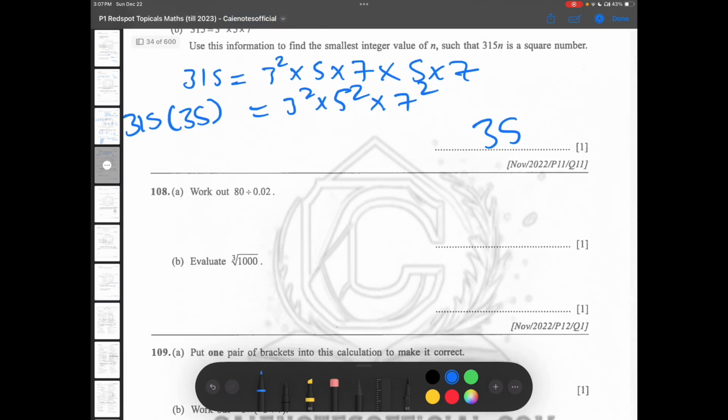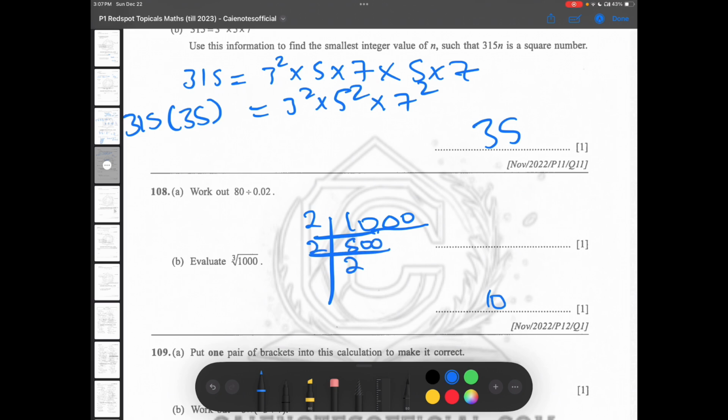We already did the division questions of decimals. Cube root of 1000, simple, 10. If you don't know how to do it, just do the prime factorization. Now 2 into 500 will become very lengthy.